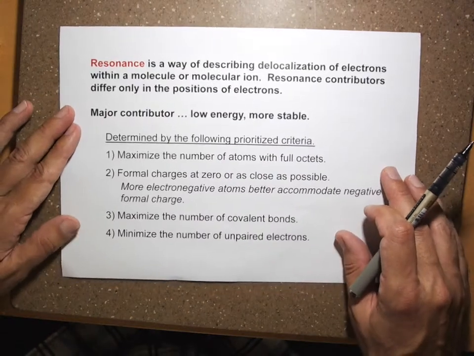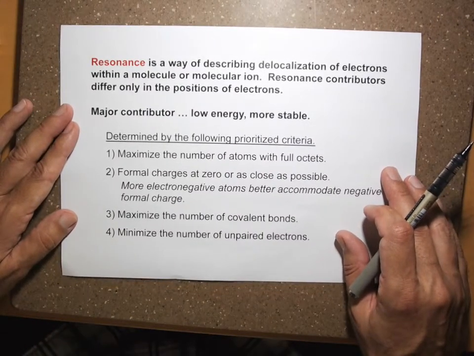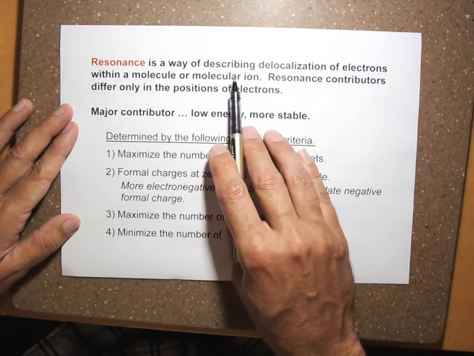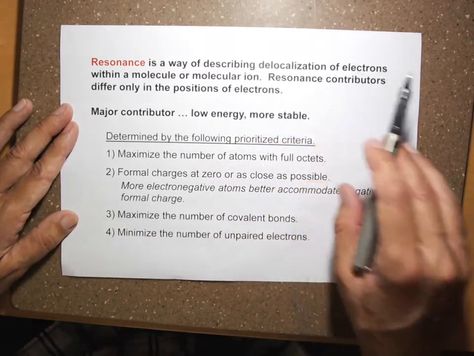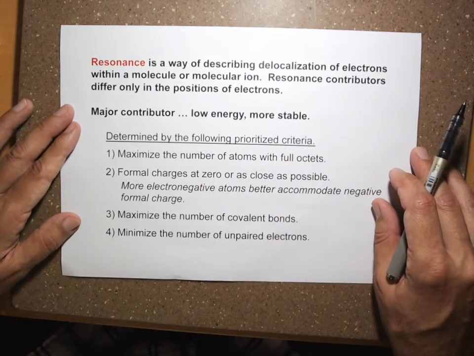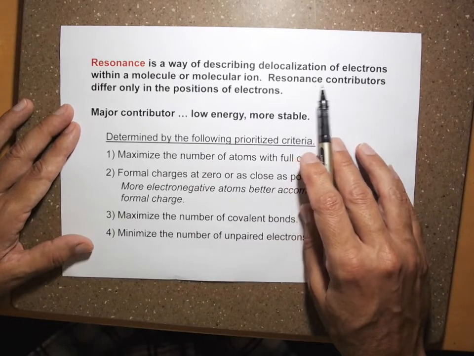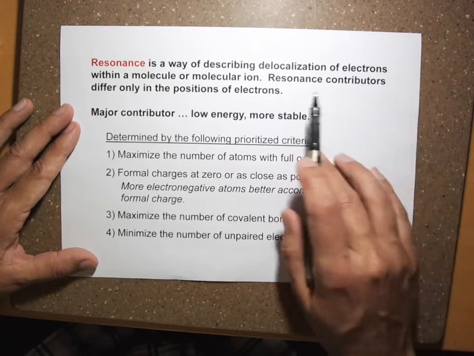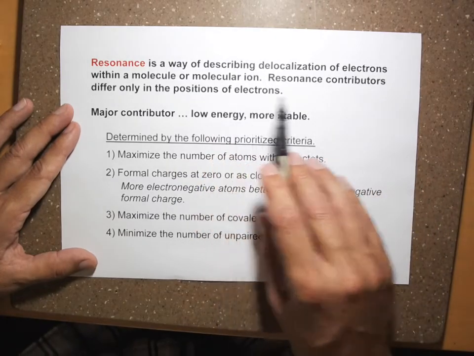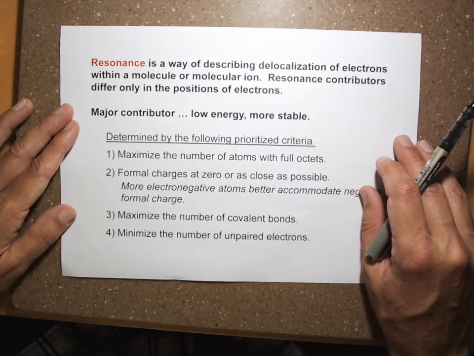I'll use formal charge in conjunction with resonance. Resonance is a way of describing the delocalization of electrons within a molecule or molecular ion. We're often concerned with what we'll call resonance contributors. These will differ only in the positions of electrons within the Lewis diagram.